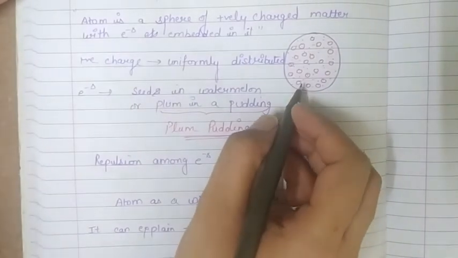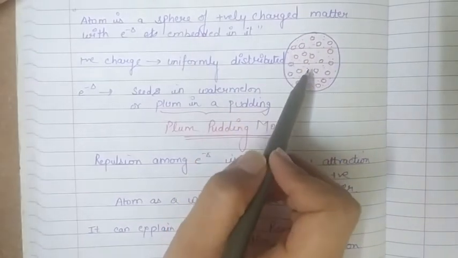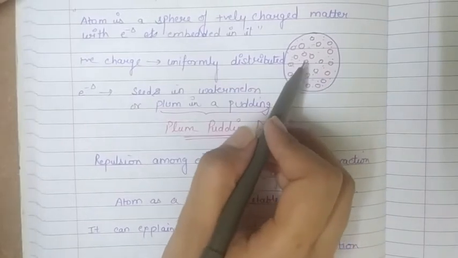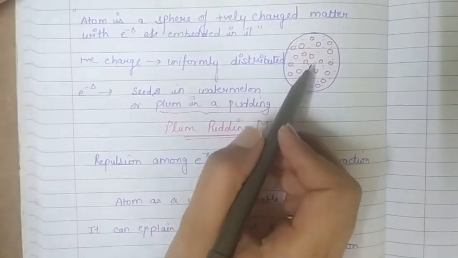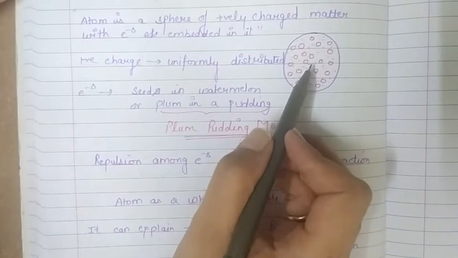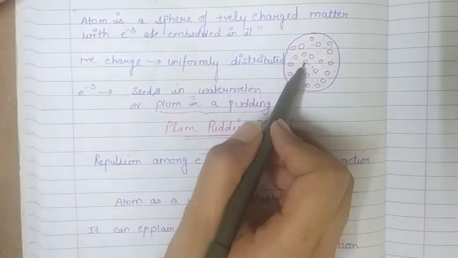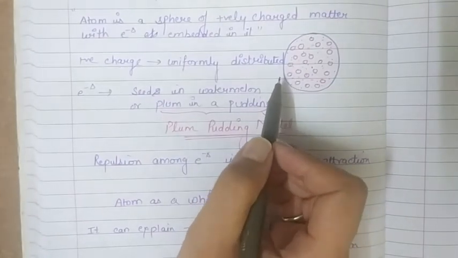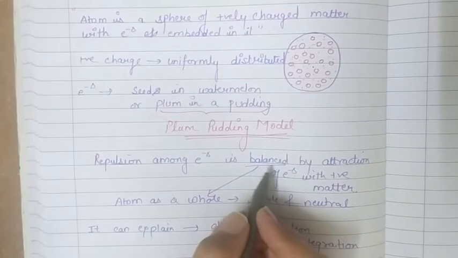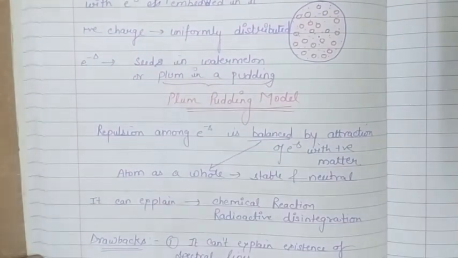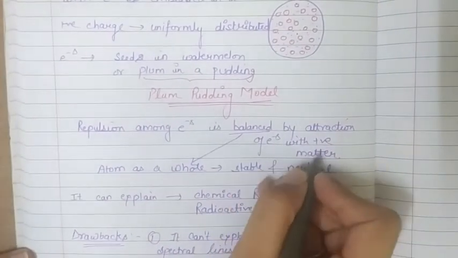One more thing, he stated that the arrangement of these electrons inside the sphere is such that the mutual repulsion between electrons, since they have the same charge, is balanced by the attraction between positively charged matter and electrons. Electrons show repulsion, but electrons and positively charged matter show attraction, and the two forces are balanced.